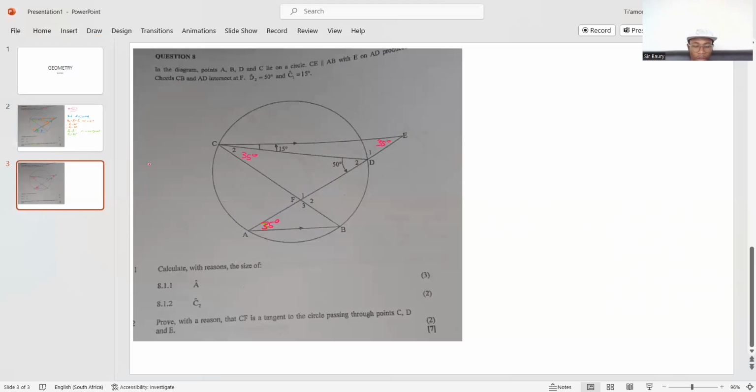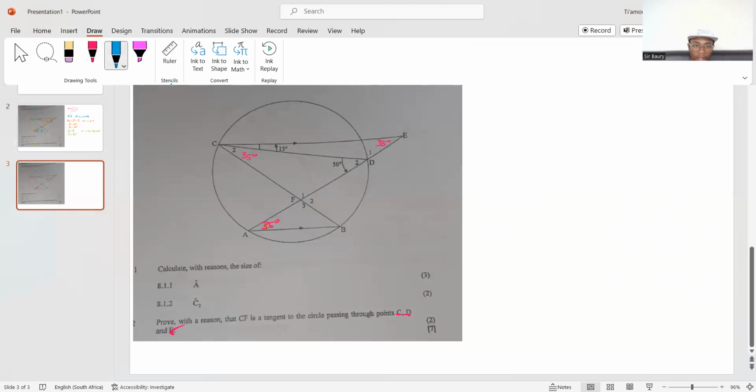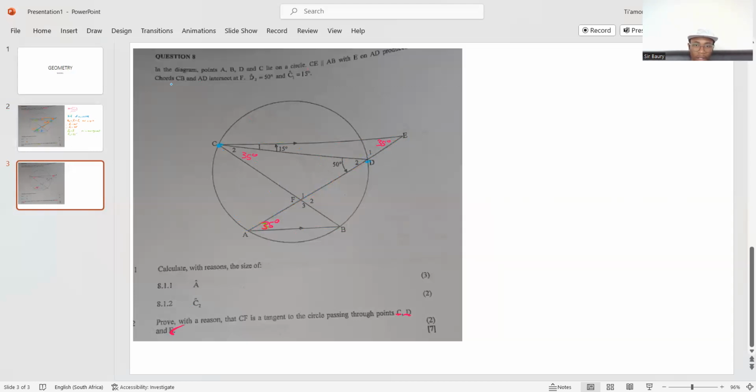So if they want us to prove that CF is a tangent to the circle passing through points C, D, and E, here's C, D, and E. So there's F, there's C1 and C2.